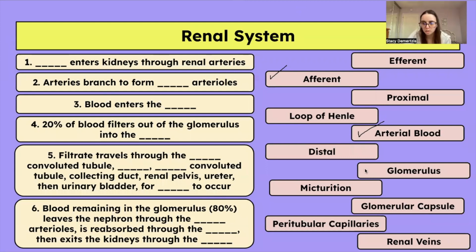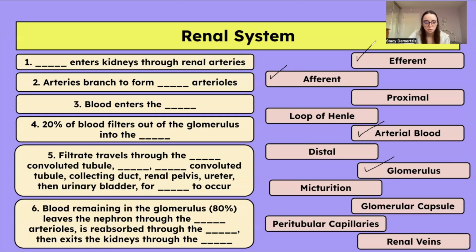Yep, the glomerulus. And as the glomerulus does its filtration, 20% of blood is going to become filtrate, and it's going to exit the glomerulus into what? We actually already talked about this, the efferent arteriole, right?